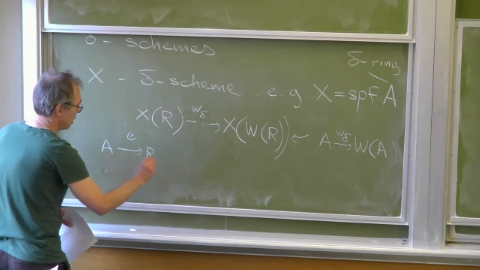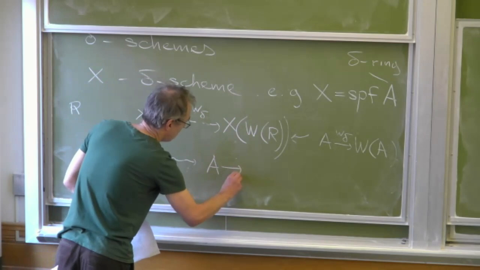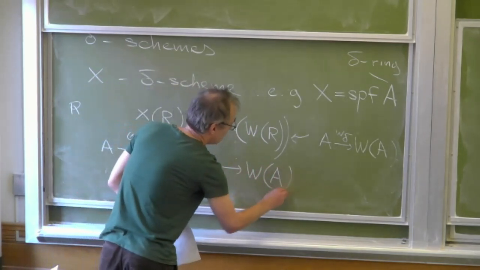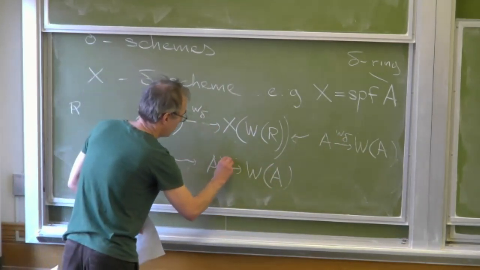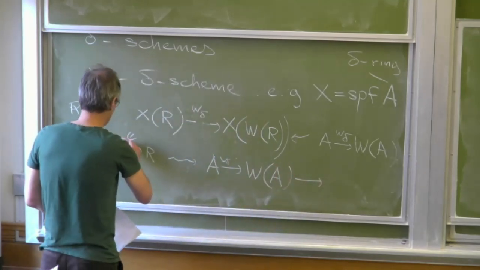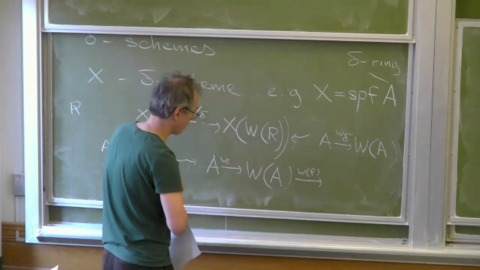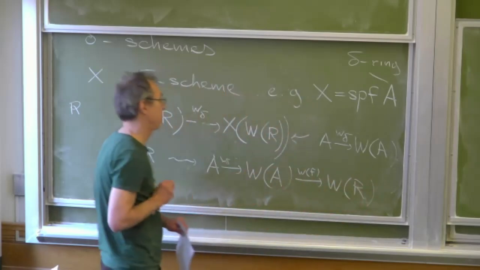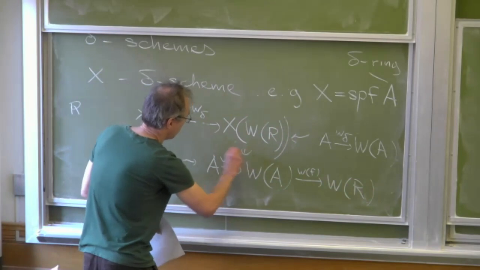Then what I can do is take the composition. First I apply this map, and if this is F, then I can take W of F. W is a functor. So I get a map to W, and so this is a point.